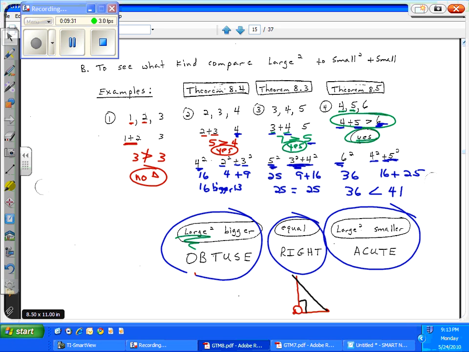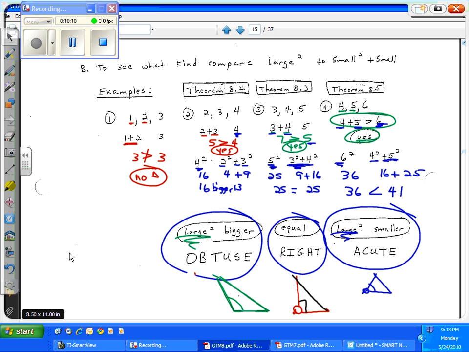Here the larger square came out bigger, which means that it had to be opened up wider. So it's an obtuse angle. Here the larger side square came out smaller. So it was opened up not as much as 90. And so it's an acute triangle.